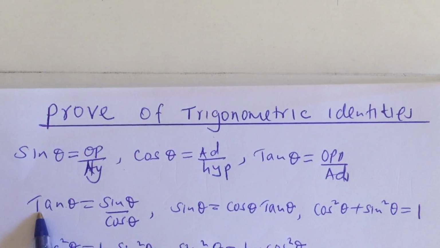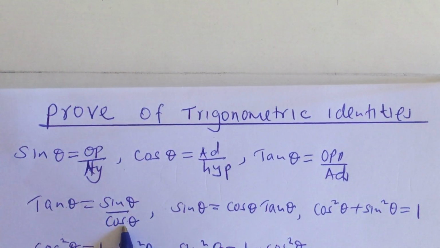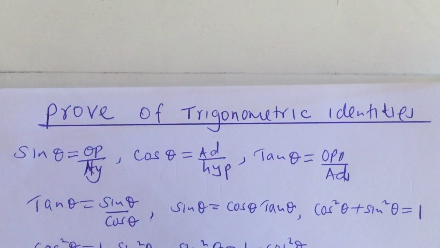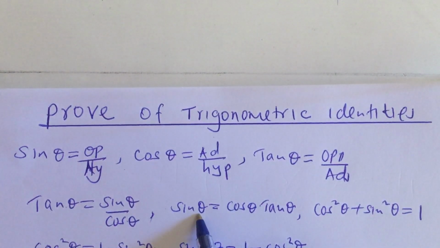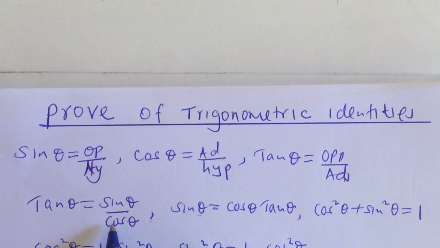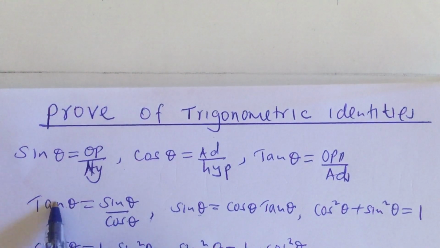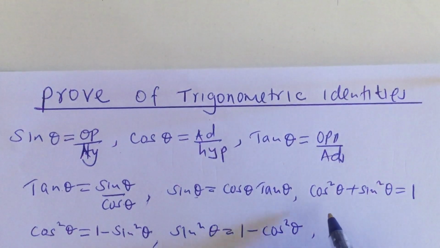I also introduced tangent of any angle theta being the sine of that angle over the cosine of that angle. Similarly, sine theta is equal to cosine theta multiplied by tan theta. This formula is gotten from here by cross multiplying.